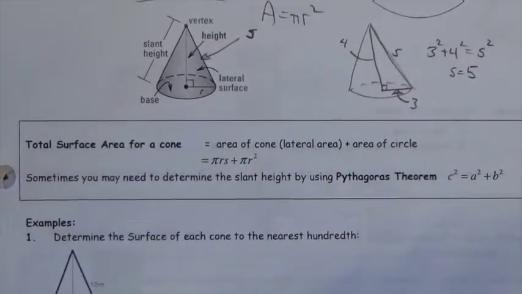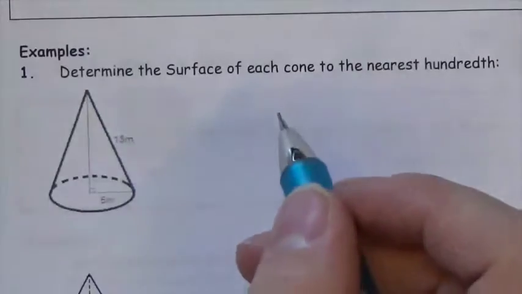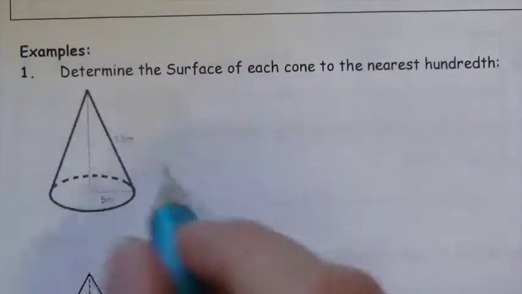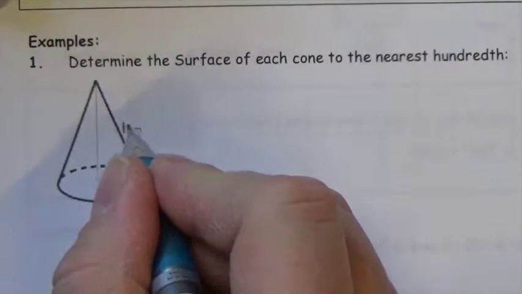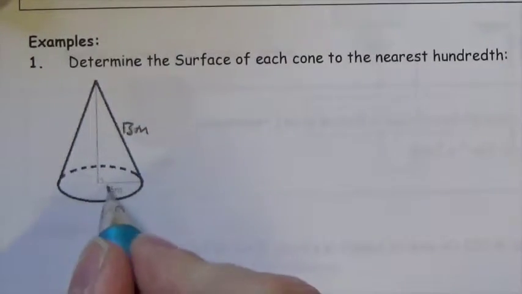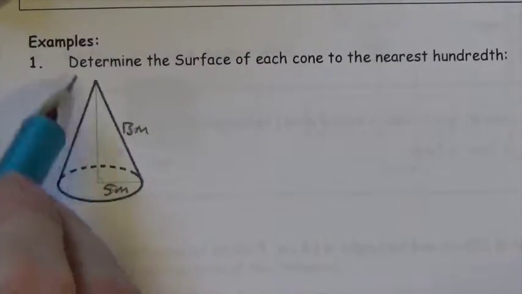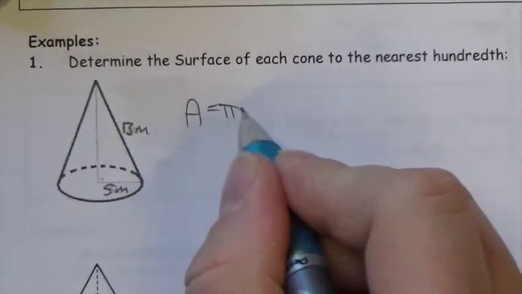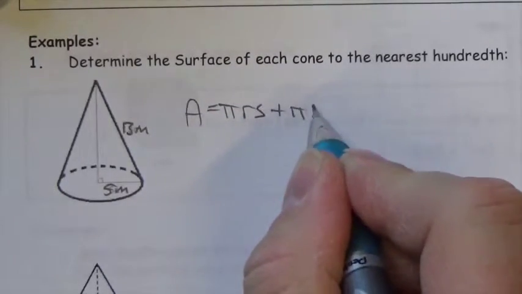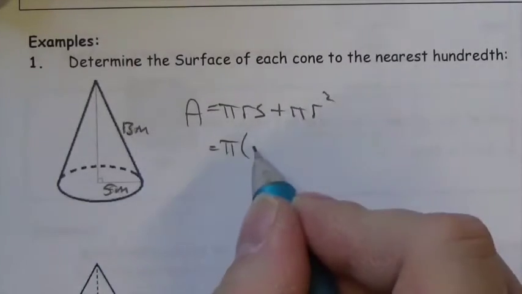Now let's take a look at some examples. Our first question says to determine the surface area of each cone to the nearest hundredth. What you're not seeing here is that this is 13 meters and this right here is 5 meters. Now, 13 I understand to be the slant height. So the surface area, pi r s plus pi r squared, is going to be pi, well, the radius of the circle at the bottom is 5.